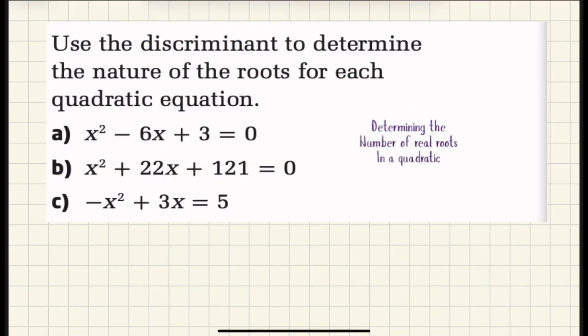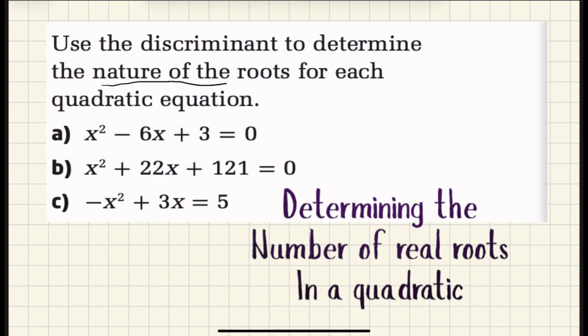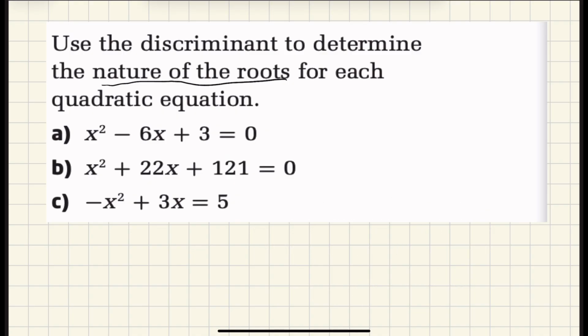So for this question, we're asked to use the discriminant in order to determine the nature of the roots for each quadratic equation. You can algebraically solve for roots, but it doesn't mean that they're actually there. So when we say use the discriminant, we're talking about this formula here: D is equal to b squared minus 4ac.